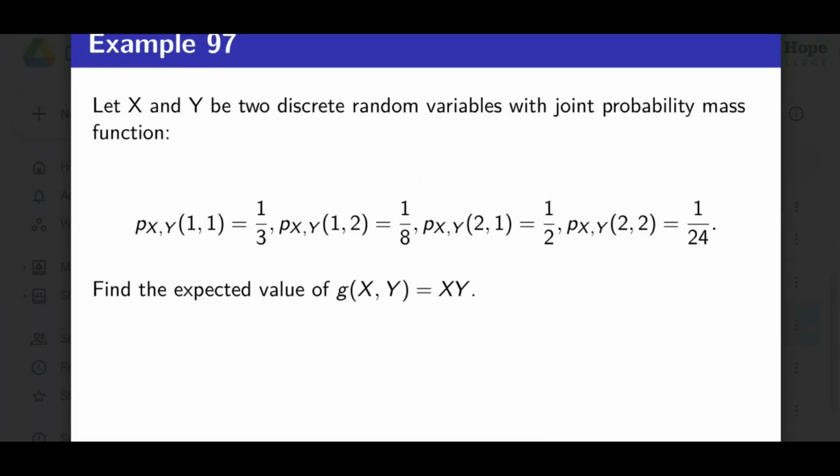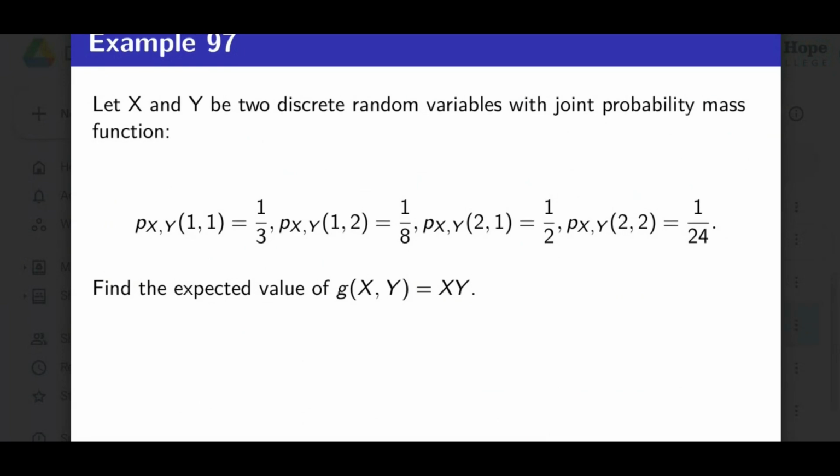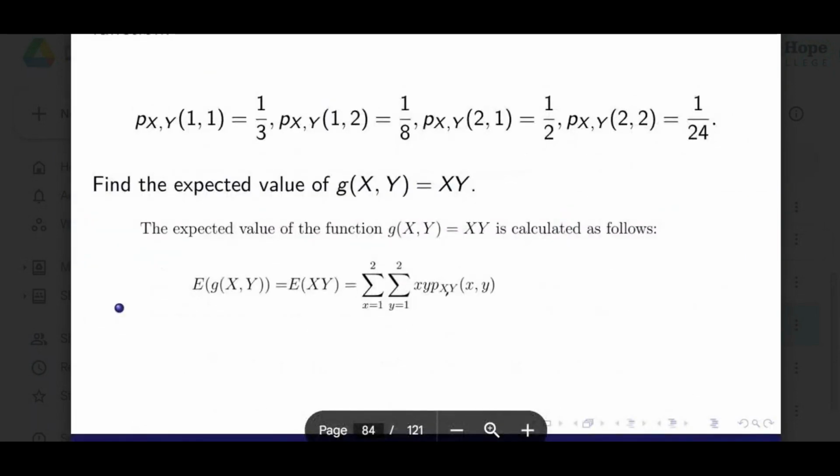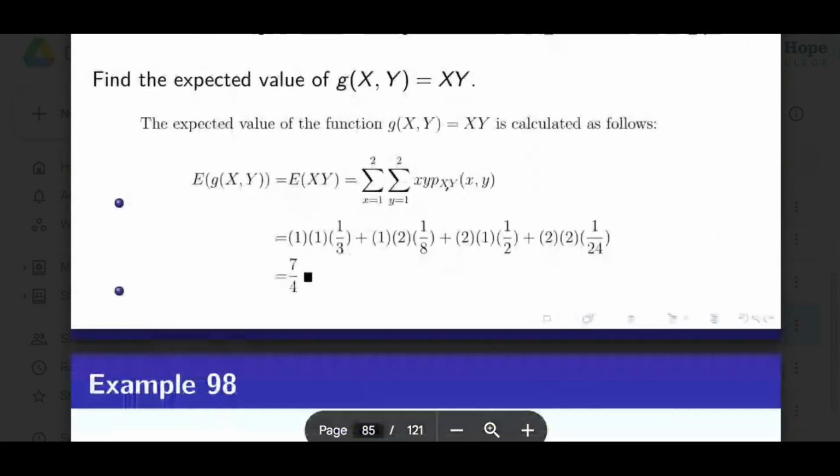Okay, how do you find the expected value of x times y? Well, follow the rule. You take all the possible values that x and y can be, multiply them together, and slowly cycle through all the possibilities.